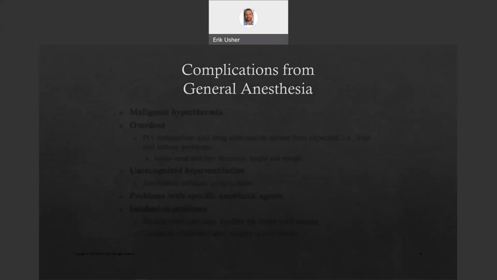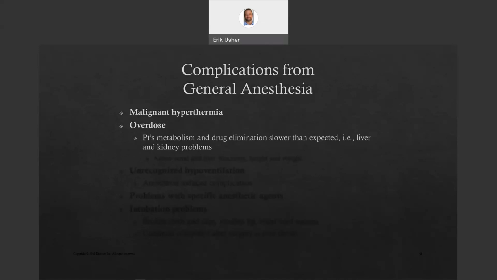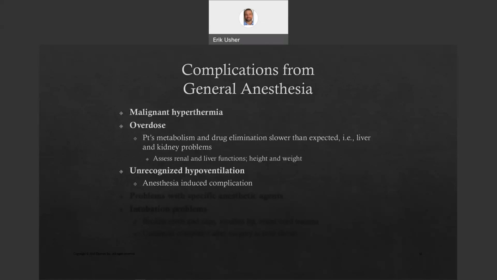There are complications from general anesthesia, though. Malignant hypothermia is one we'll go over. Overdoses, again, if the drug is metabolized or eliminated slower than expected, with liver disease, some of the elderly population, kidney problems. So we assess those renal and liver functions, height and weight. That's why it's important beforehand. Unrecognized hypoventilation, that's an anesthesia issue. They're hypoventilating, so they're going to retain CO2, so they're going to become respiratorily acidotic, if you remember that.